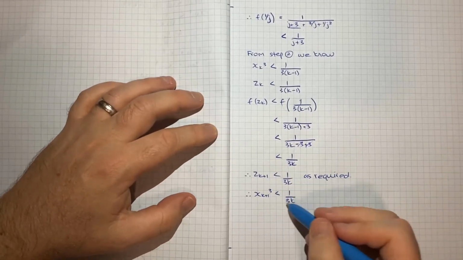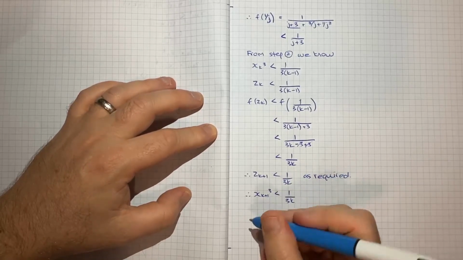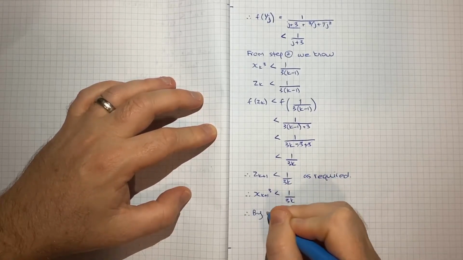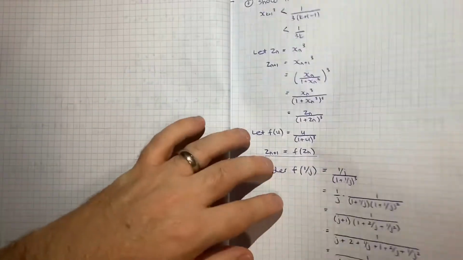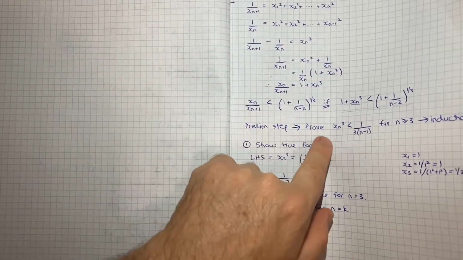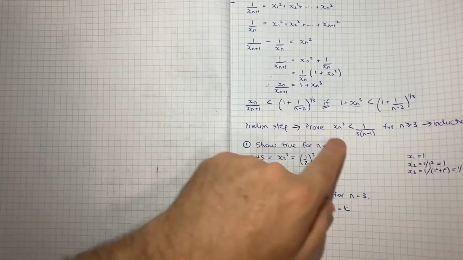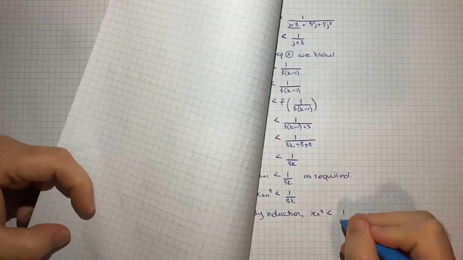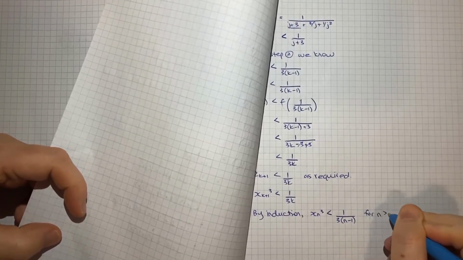So that's what we had to show, and that's what we have just shown. So therefore, by induction, we can conclude what we were trying to prove: x_n cubed is less than 1 on 3n minus 1 for n greater than or equal to 3.